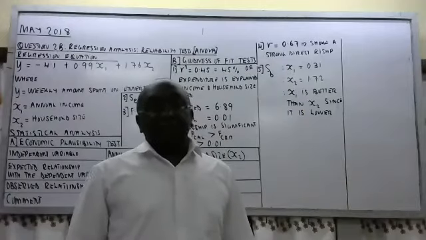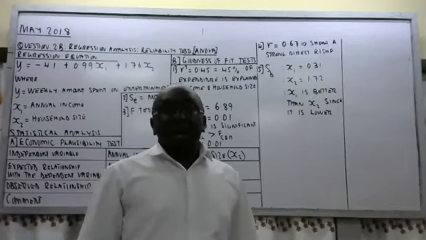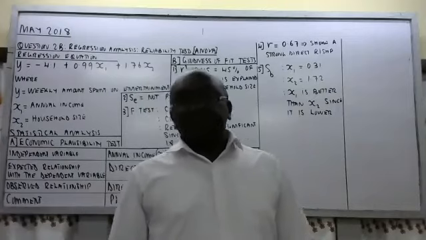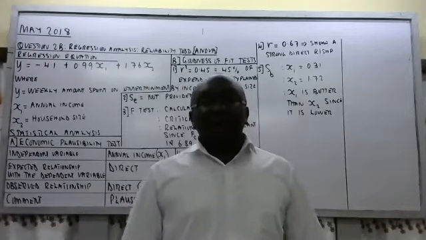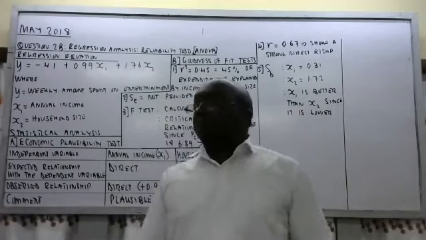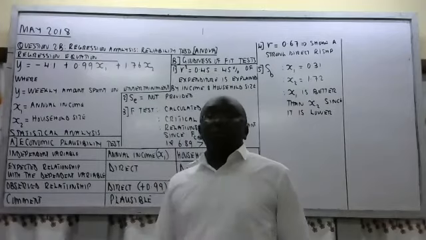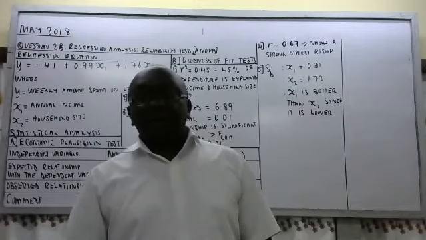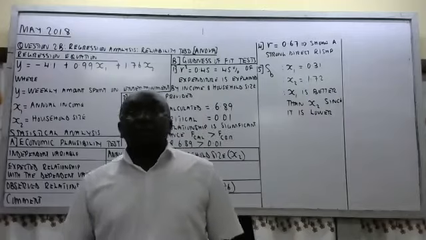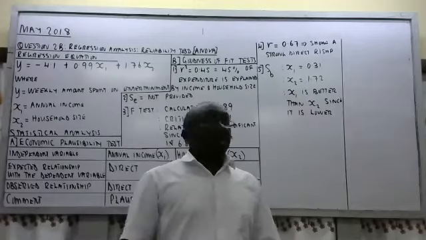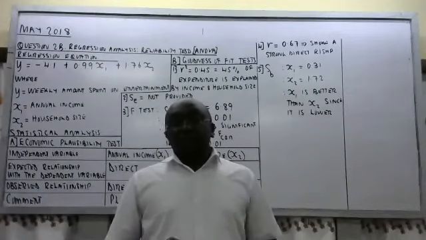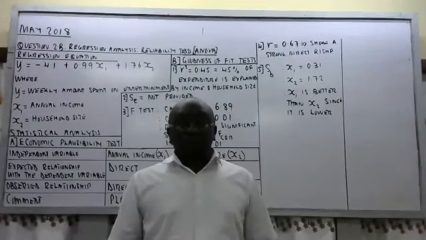You may find someone has 5 children, all in the primary school, and they are paying school fees of 10,000 for the 5 children. They're in a public school.